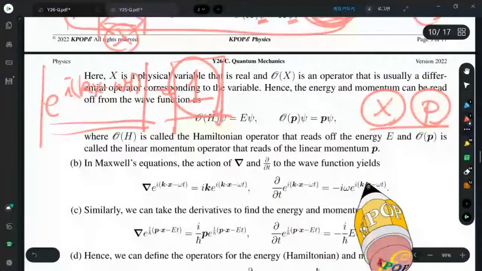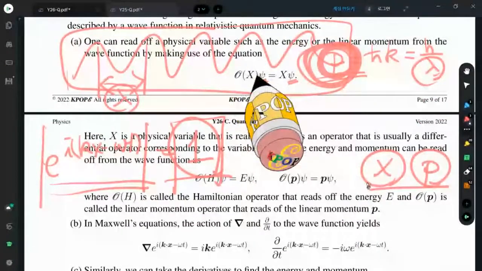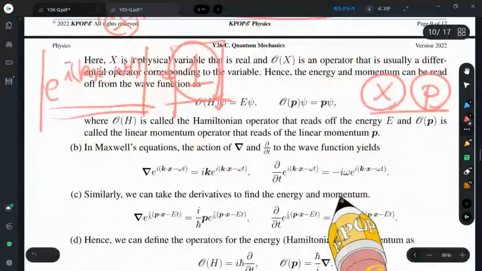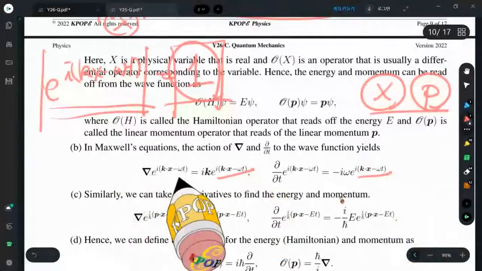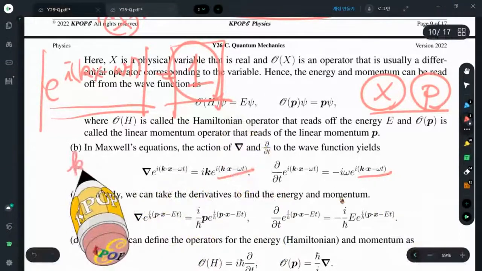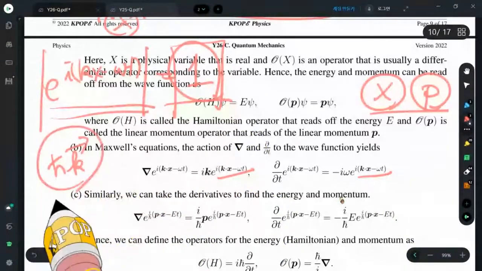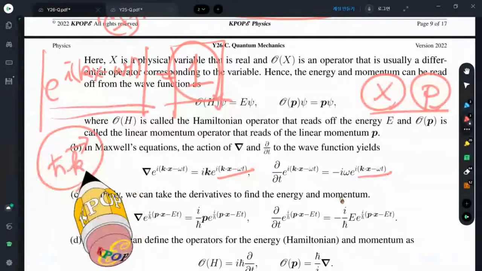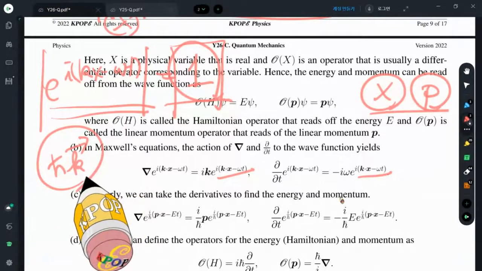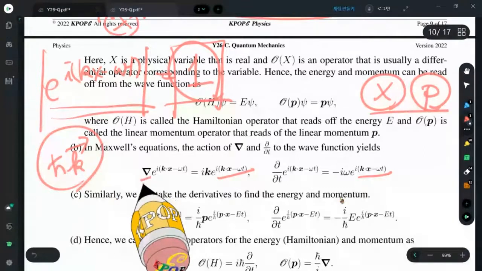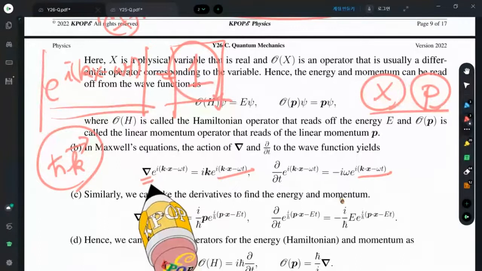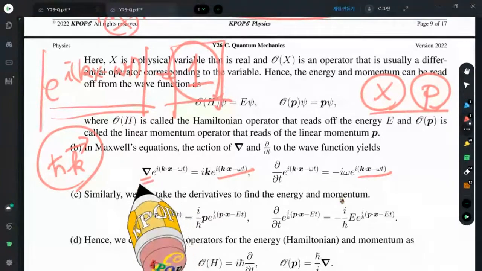Okay, so if you want to find out the momentum from the exponential function, that is the simplest way, momentum is h bar k. So how can I find momentum, this wave vector k? We learned when we studied Maxwell's equations, what we have done is taking the derivative with respect to space. So that is a gradient.